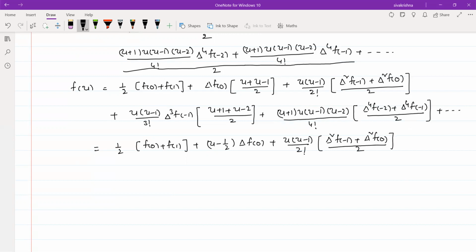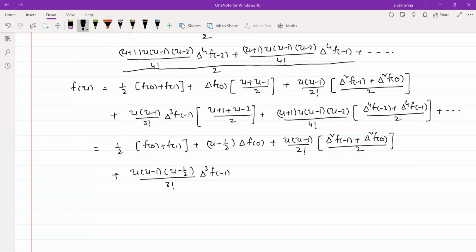And coming to the next term, if we add these two terms, we get u plus u, 2u by 2, which means once again u, and 1 minus 2 means minus 1 by 2. Once again we get u into (u minus 1) into (u minus 1 by 2) by 3 factorial into delta cube f of minus 1.